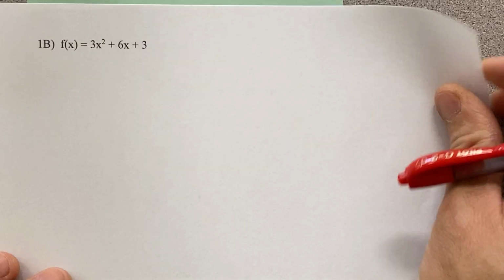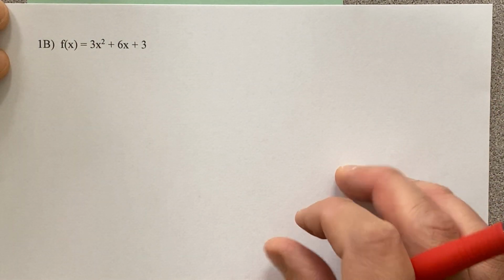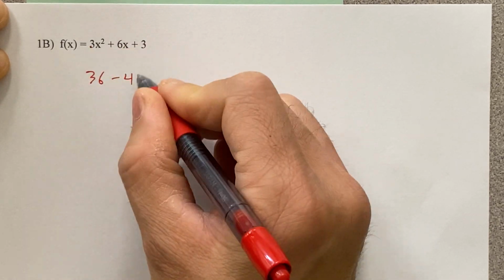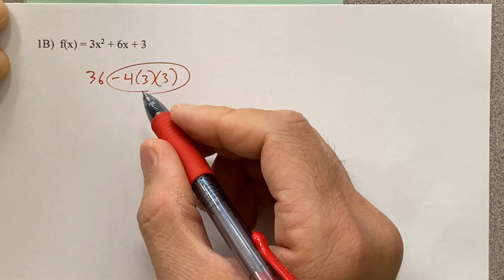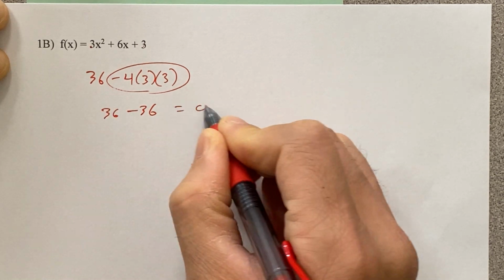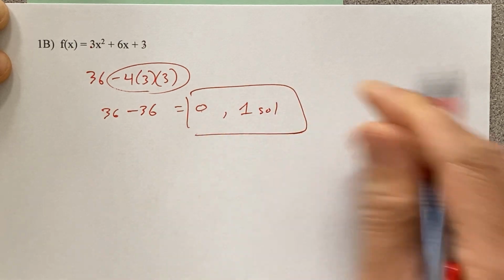Let's take a look at example 1b. Pretty much the same process, again, just getting really comfortable with that b squared minus 4ac discriminant. So b squared, that's 36 minus 4 times a, which is 3, times c, which is 3. If I multiply that, that's negative 36. So 36 minus 36 equals 0, which means I have one solution, not 0.